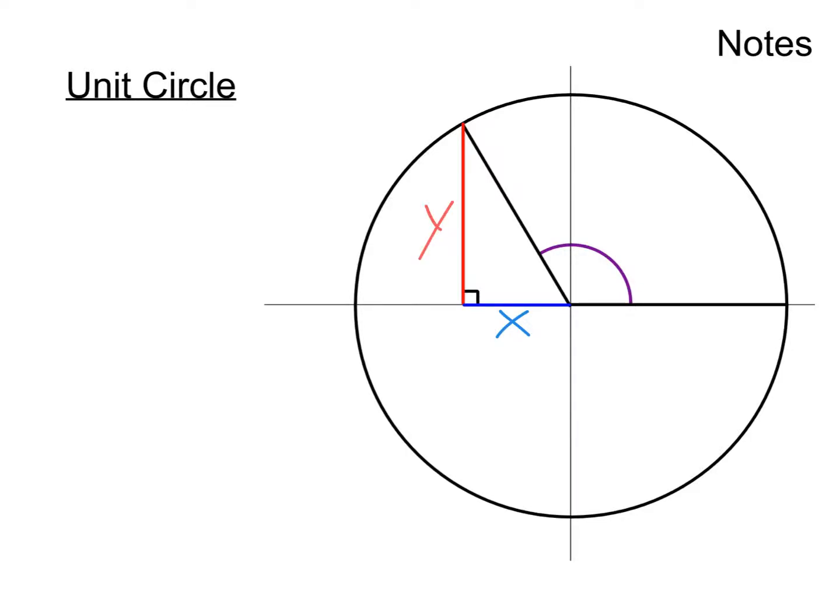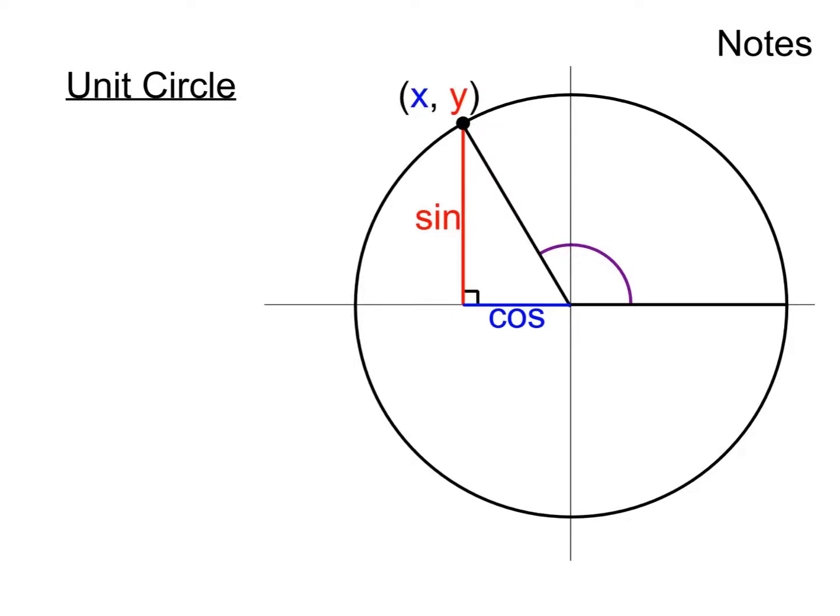These are actually very purposefully chosen in that warm-up example because the x actually can represent the x-coordinate. And the y actually is the y-coordinate of the point where our radius hits the circle. Now you may recall we find those points by using sine and cosine.